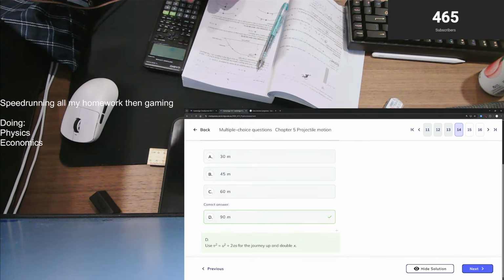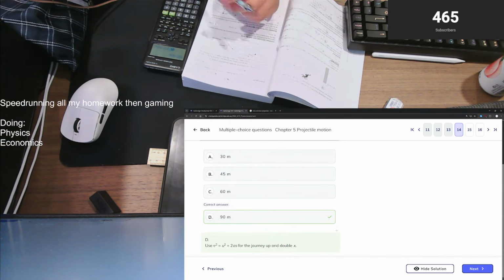Crap. 2 times 9.81. 900 divided by answer equals 45. 45?